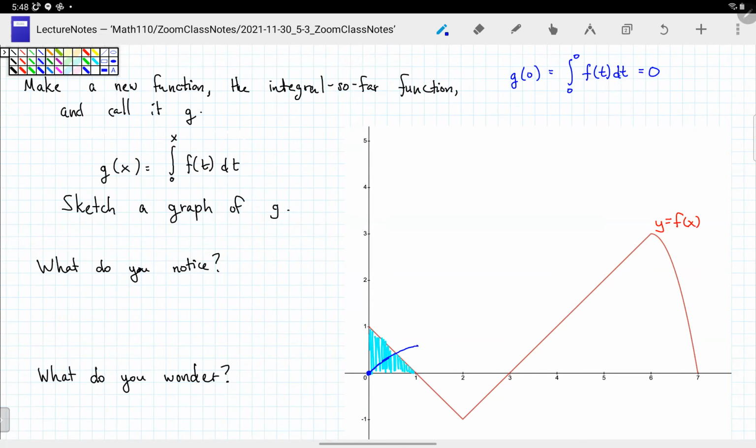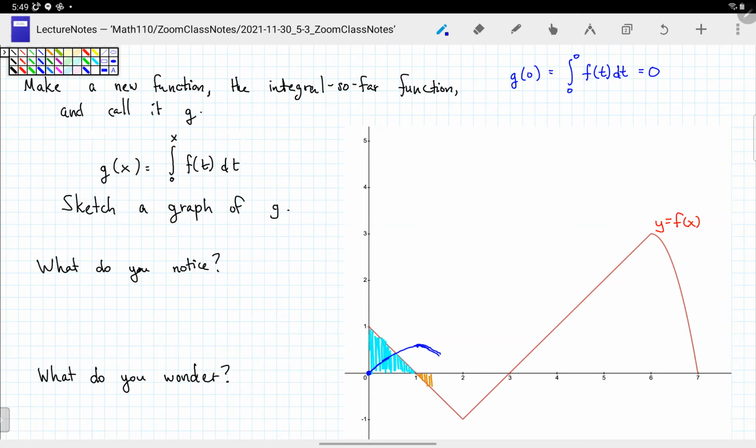At this point, g is the accumulation of area. So this is the integral so far. I say area, but I mean signed area. And after x equals 1, what's going to happen? We're going to start adding negative area, or subtracting area. So my integral function is going to start decreasing. So g is going to start decreasing.